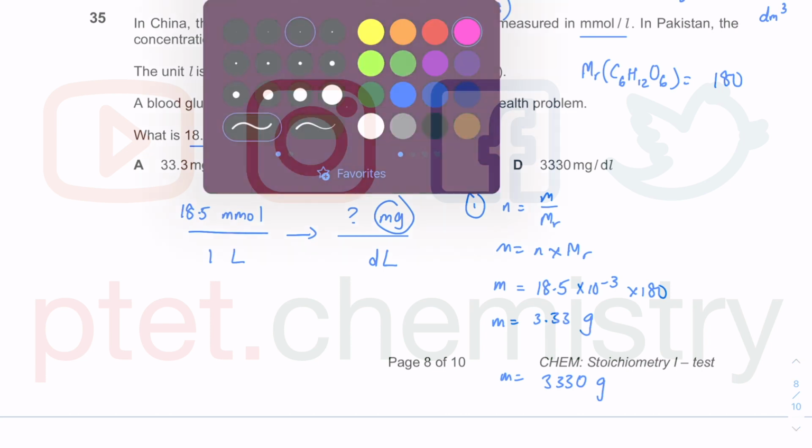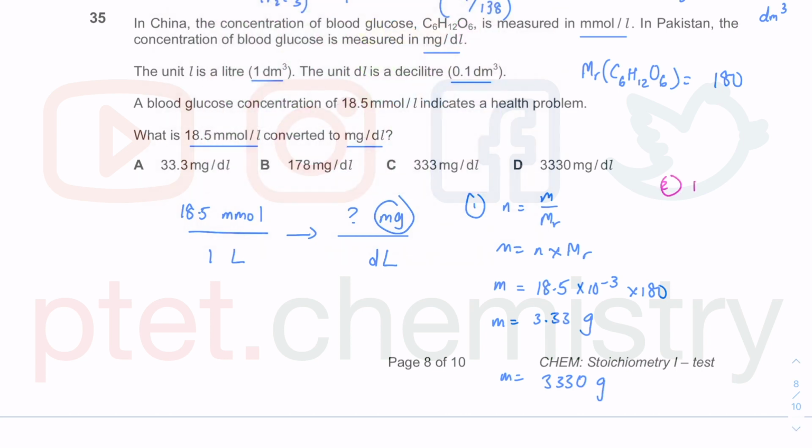Onto the second bit: in 1 liter, I want to convert to deciliter. 1 liter is 1 dm cube, and 1 deciliter is 0.1 dm cube.